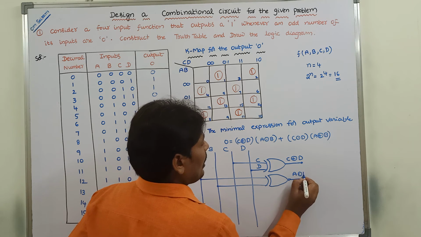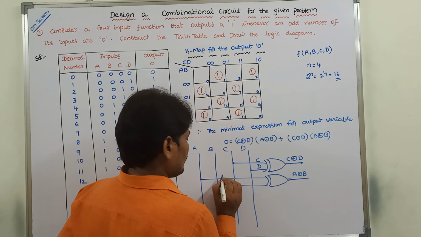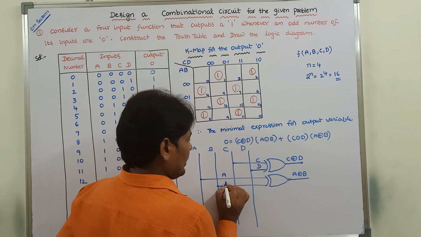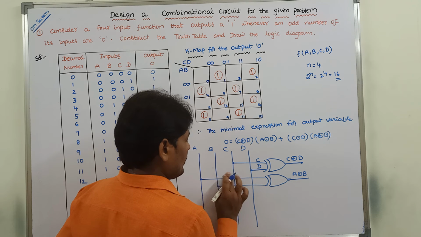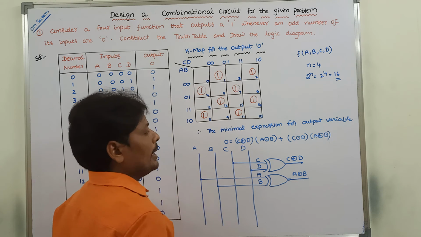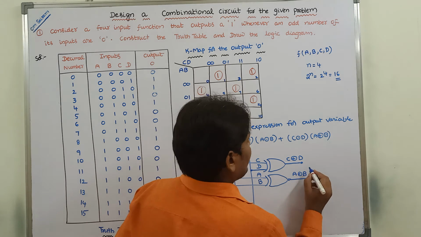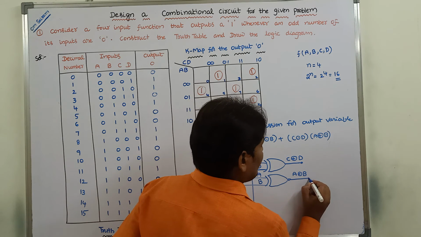A exclusive NOR B. So this is A and this is B. So these two are sent to the AND gate because it is a product term.